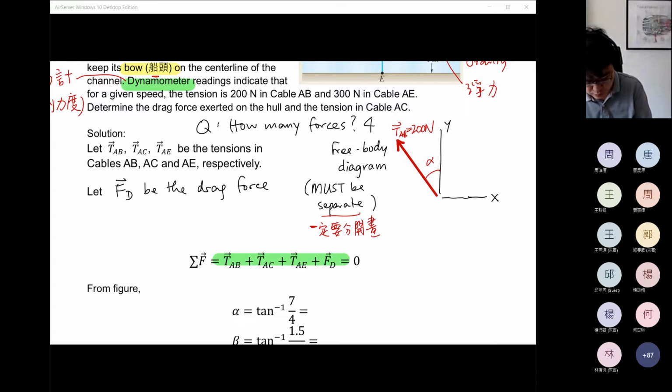The second force is TAC. We don't know its magnitude, but we know its direction, or its line of action. Thirdly, we draw TAE going down.